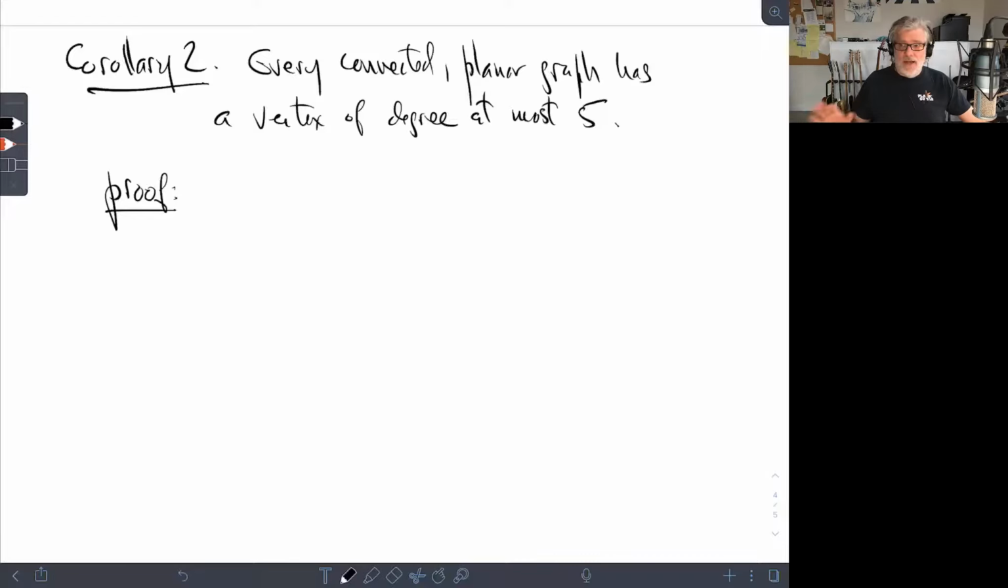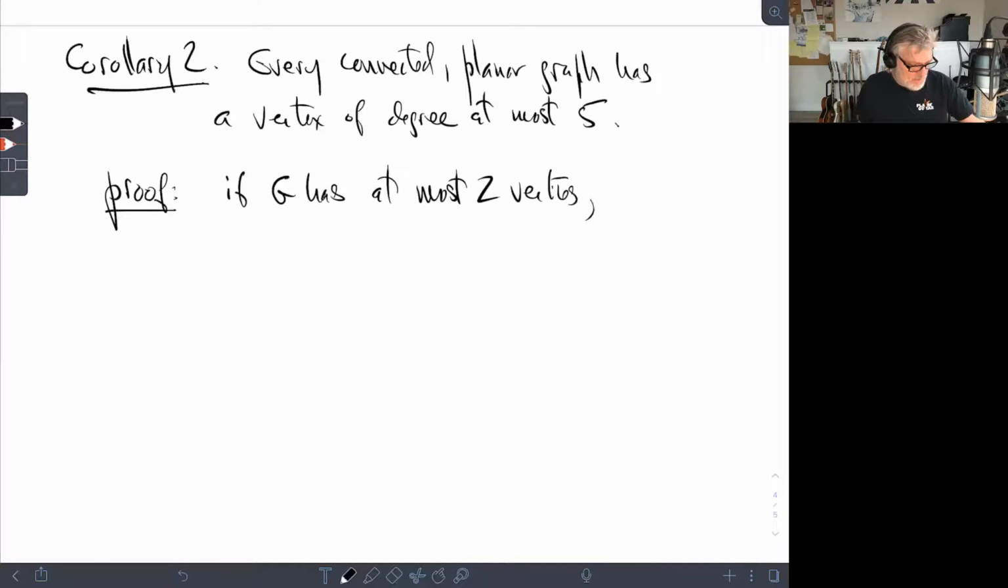Okay, so I would like to use the previous result. And the previous result, be careful, you need at least three vertices. So let's get rid of the case where there's less than 3 vertices, and then this is obvious, right? So if G has at most 2 vertices, the result is obvious, right? I mean, yes, okay.